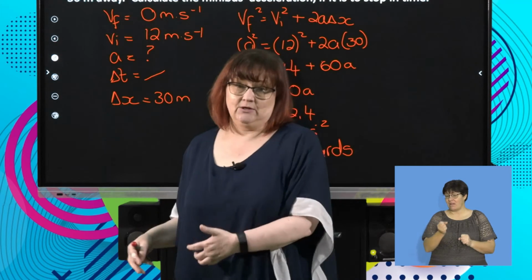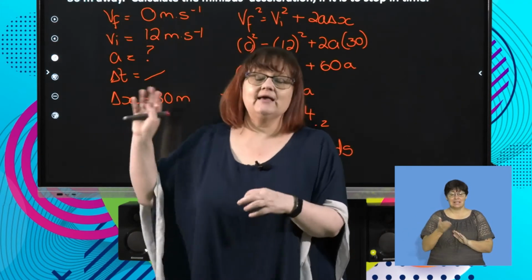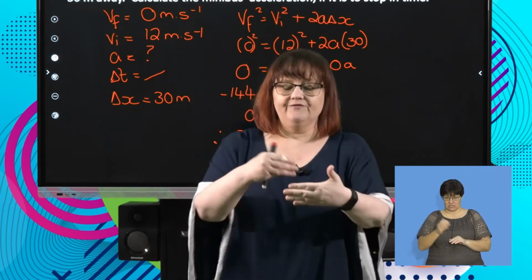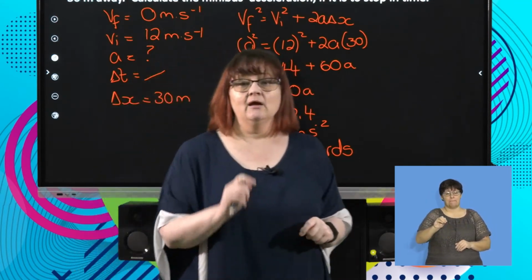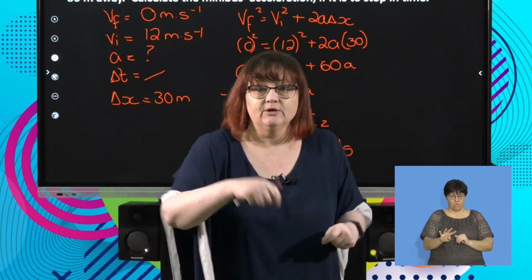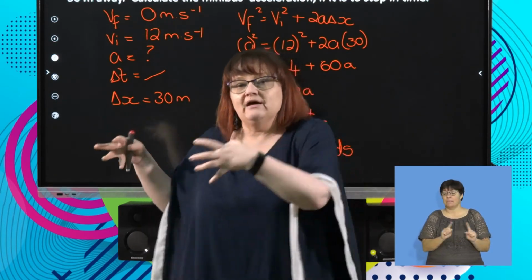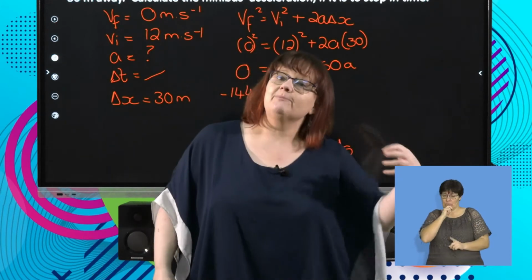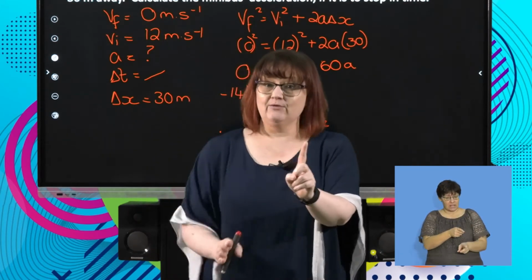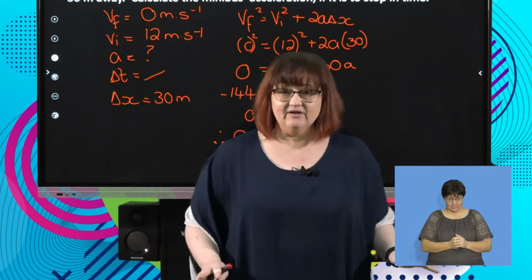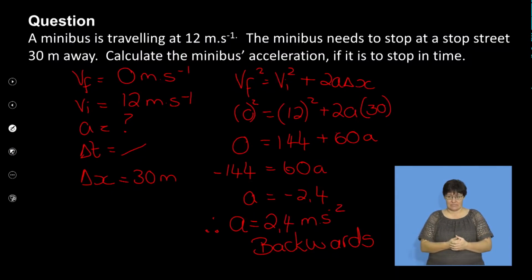Don't forget it. Acceleration is a vector. If I need to use this acceleration, so if there's another part to the question, and I need to use this acceleration, I'll substitute in the negative value, because it is negative. But when I describe it, I use it as a positive value with a direction in words. You never have a negative value with the direction in words, ever. You cannot do that, okay?